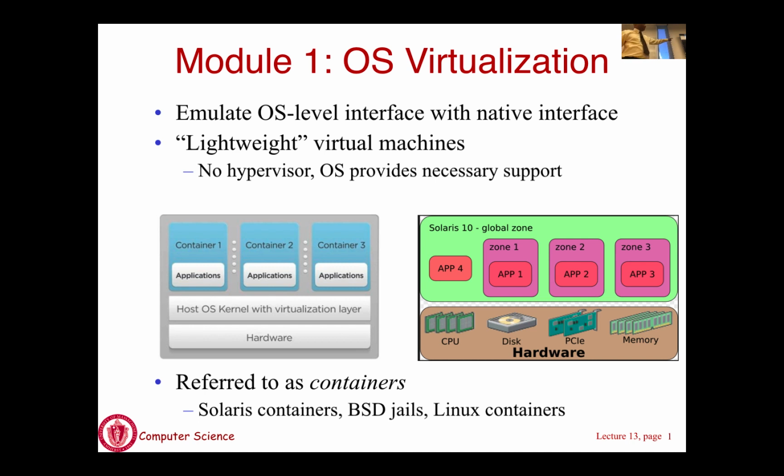The picture you want to keep in mind is one that is shown here. We'll ignore the one on the right, but look at the one on the left. You have your machine, you boot a normal OS on that machine, and then you might have some processes, you encapsulate them inside what is called a container that provides you OS level virtualization. So what does this do for us?